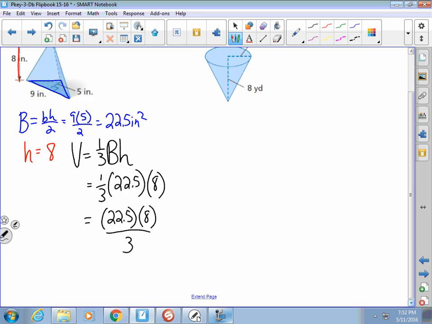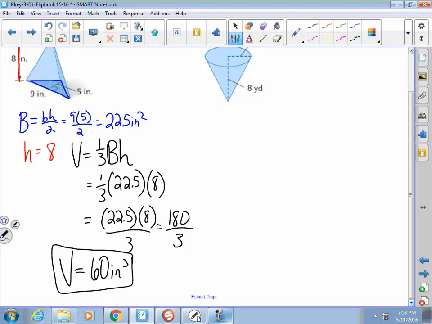We're definitely going to come out with a whole number answer. Again, if I do 22.5 times 8, that gives me 180. Divided by 3. Well, I know 3 can go into 18, so our volume is 60, and it's inches cubed.